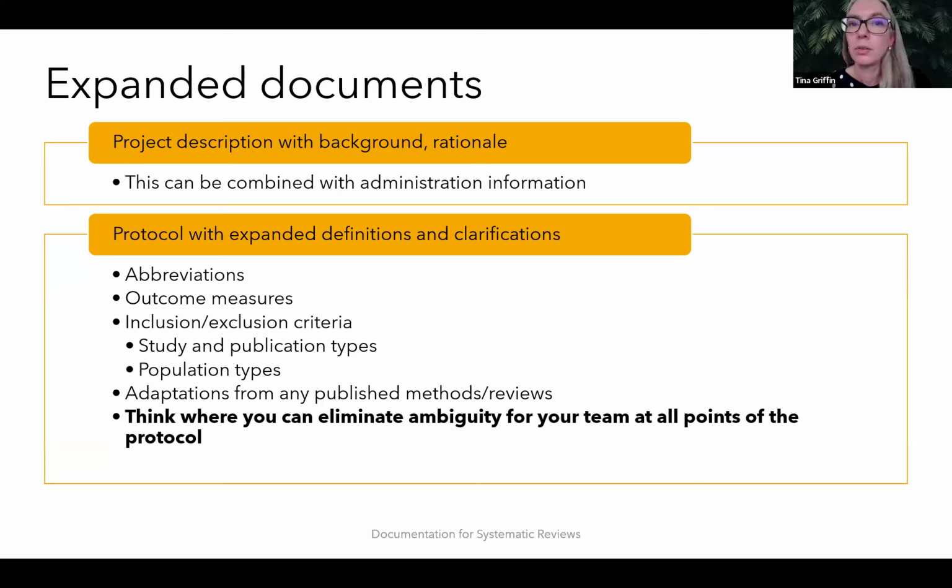But write out things like your abbreviations. Systematic reviews can be very interdisciplinary, so make sure everybody's on the same page about what everything means. Any abbreviations, document what all of these definitions are. All of your outcome measures, not just the definition of what they are, but specifically how they are measured and what that metric means.